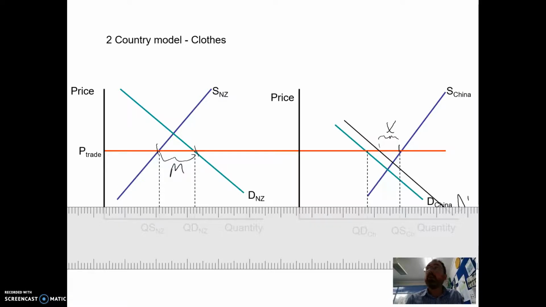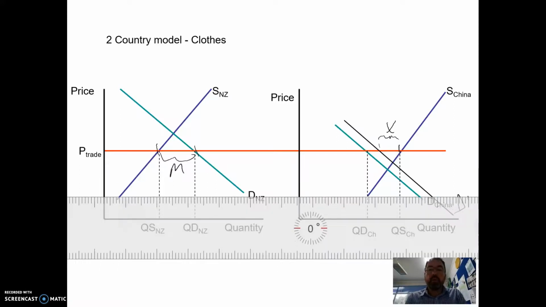And you can see that if there is a shift in demand in the Chinese market, reducing their level of exports because Chinese consumers are now consuming more of their own goods, there's actually an imbalance in the world trade market, so that currently at P trade, Chinese exports are less than the imports required to fill the shortage in the New Zealand market.